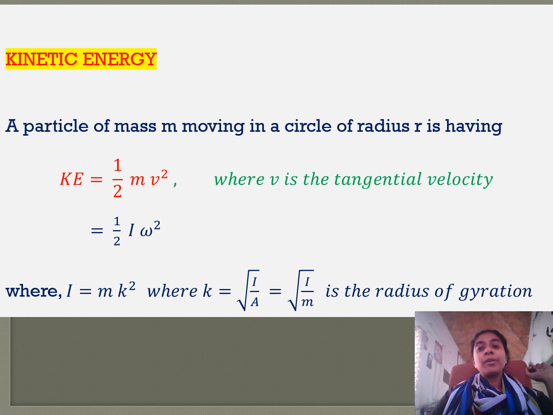So for mass moment of inertia, K is equal to root of I by M. Area is replaced by mass. So our radius of gyration K is equal to root of I by M. For this unit, we will discuss masses, right? We are studying kinetics. We equate the mass. So the relationship between moment of inertia and radius of gyration is I is equal to mass into k square, where K is the radius of gyration.